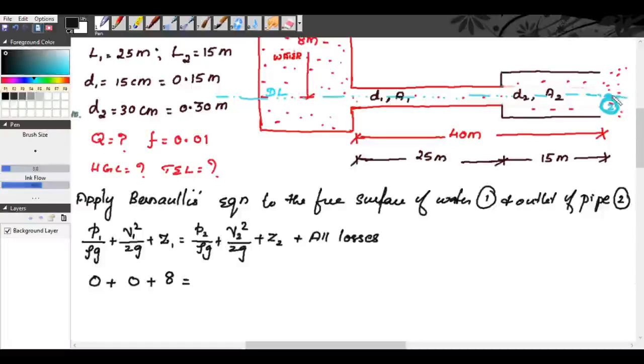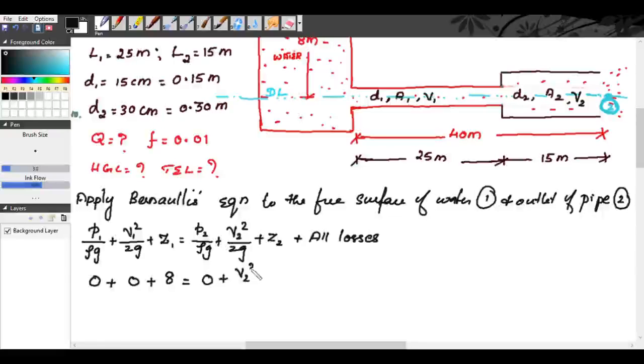So here also, listen, at point 2, it is also free to atmosphere. So your pressure intensity will be equal to 0 at point 2 because it is free to atmosphere. So 0 plus, there is a velocity, right? We will consider V1 as the velocity in pipe 1 and V2 as the velocity in pipe 2.